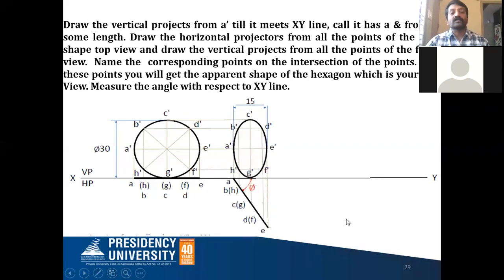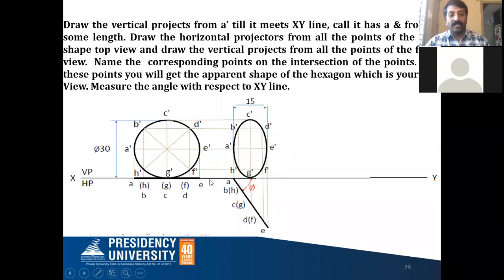And now, what you have to do to get the B dash, D dash, F dash, and H dash: from the top view point, you draw a vertical projector line. And from the CG point, already it is there, vertical projector line you can draw. From this point, DF line, you can draw a vertical projector line.